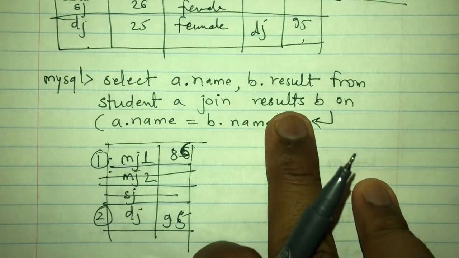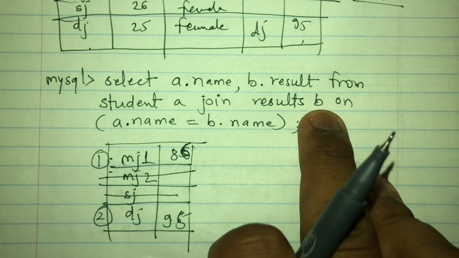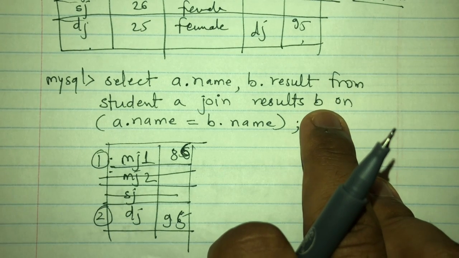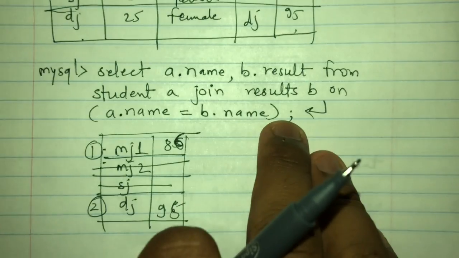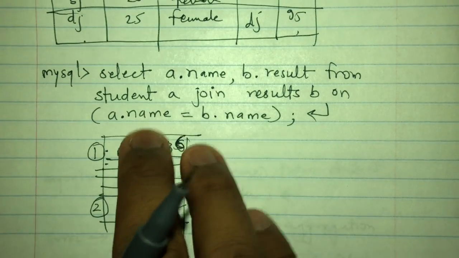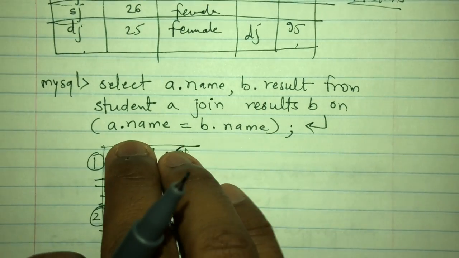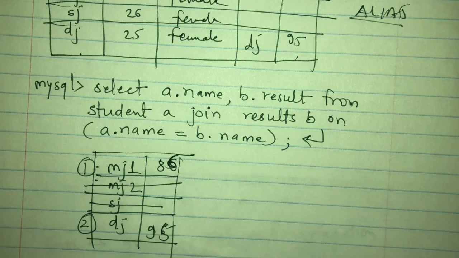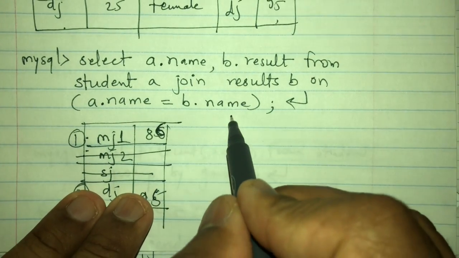The same goes for the table results, which can be known as b for the execution of this query, so that I don't have to write the table names student and results all the time. So that's why I have replaced them with a and b. So hopefully you got what I wanted to convey.